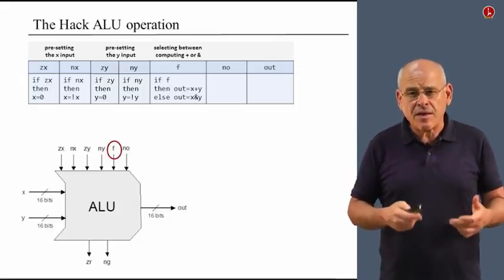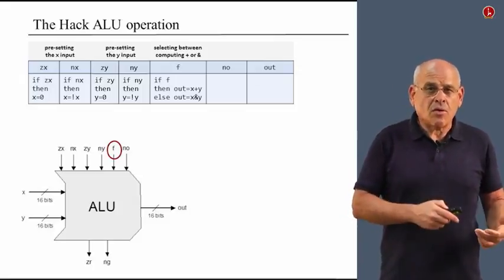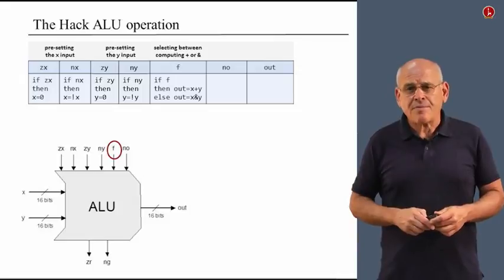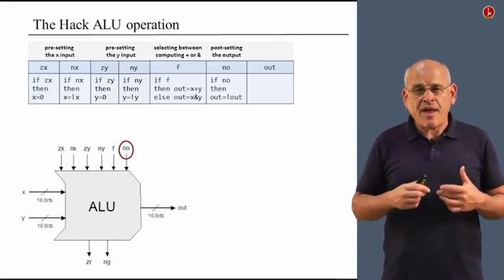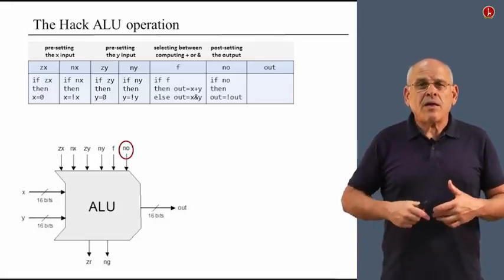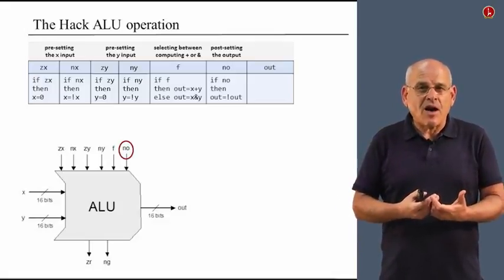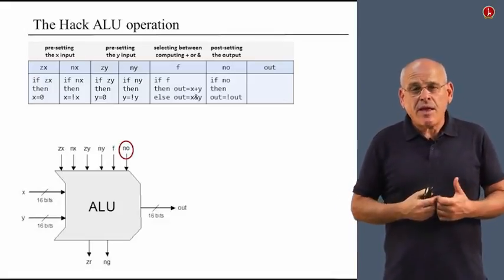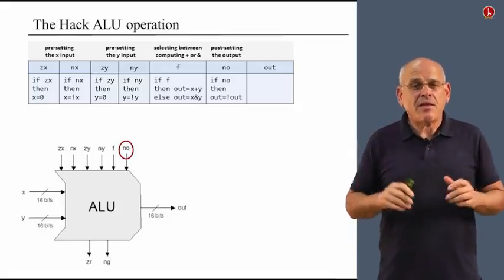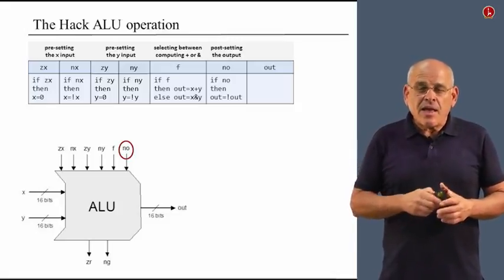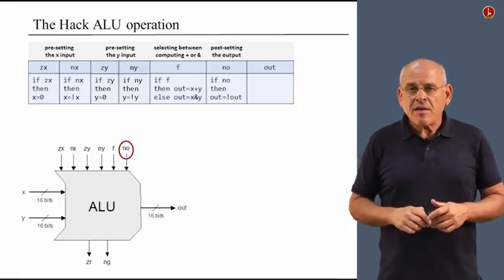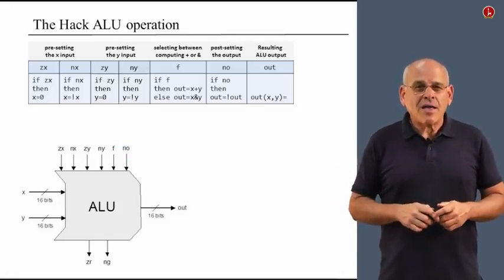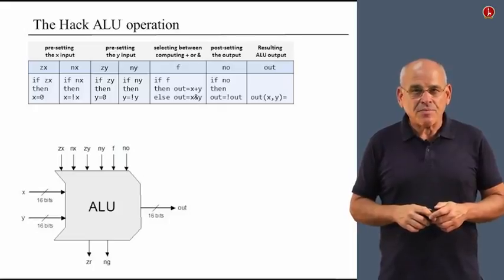Then we compute either addition or 16-bit AND. Finally, we have the no bit. If the no bit is 1, we negate the resulting output, the output that we just computed. And if no is 0, we leave it as is. If we do all these operations one after the other, then what comes out is the desired function.